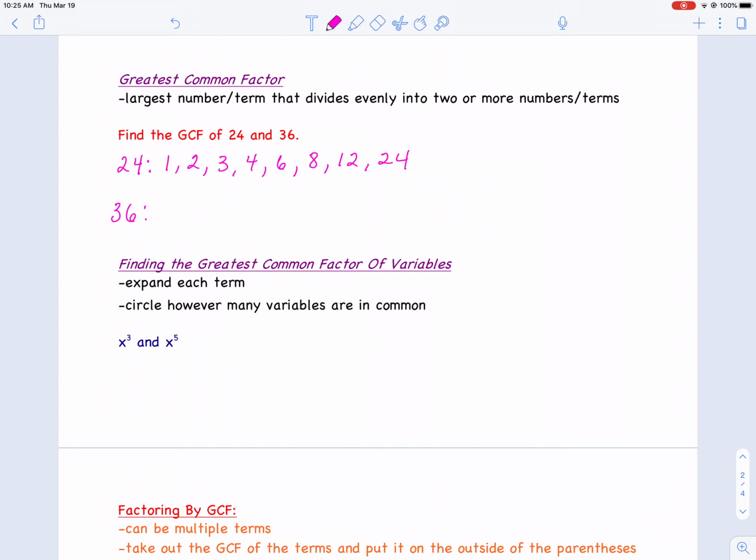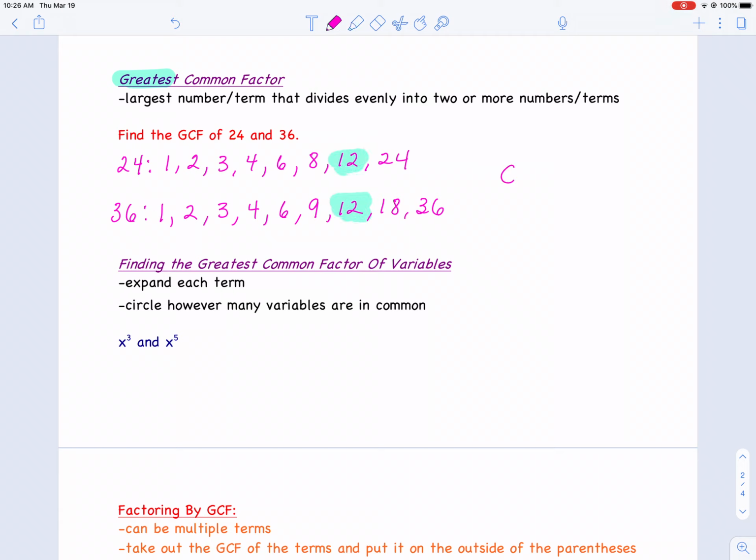And if I do the same thing with 36, I have 1, I have 2, 3, 4 goes in, 6, then I have 9 goes in, 12, 18, and 36. So what is the greatest factor that they have in common? That would have to be 12.